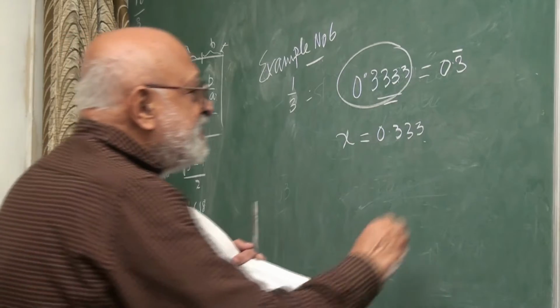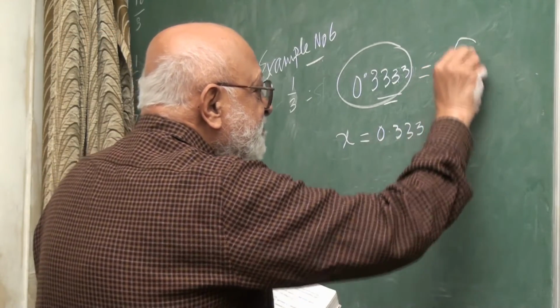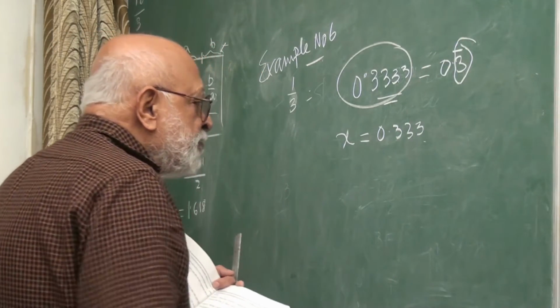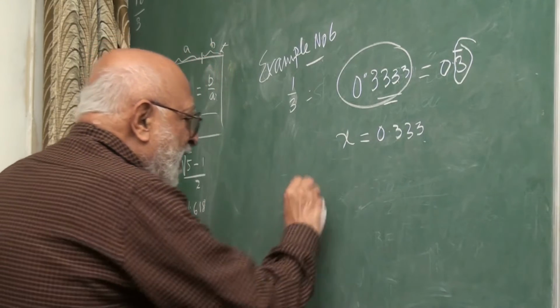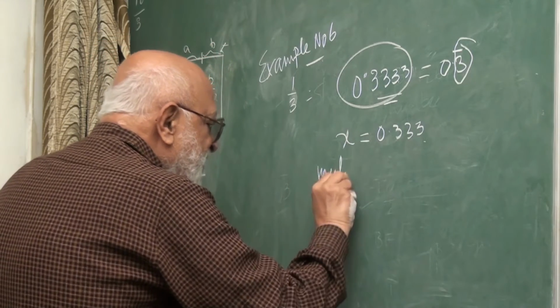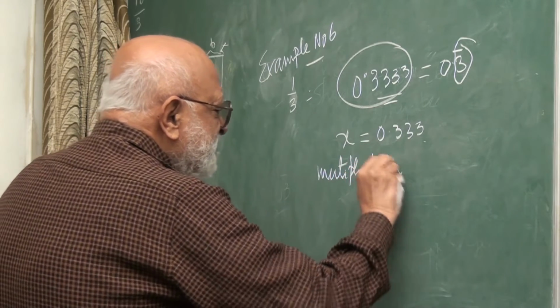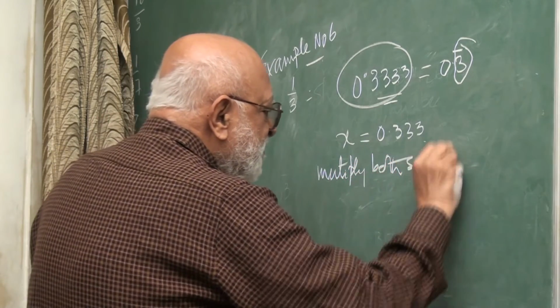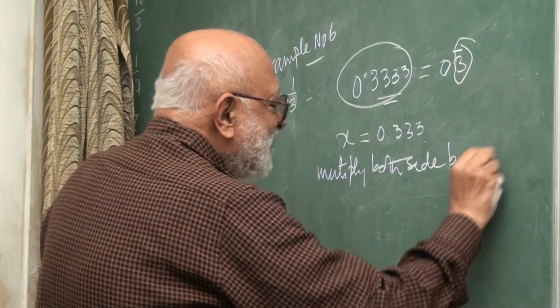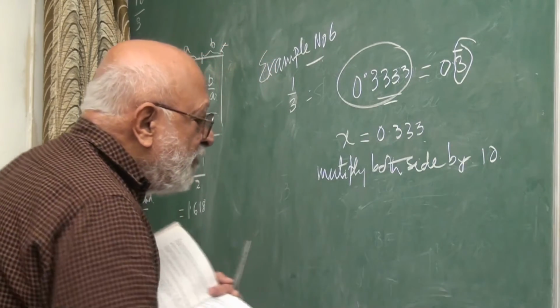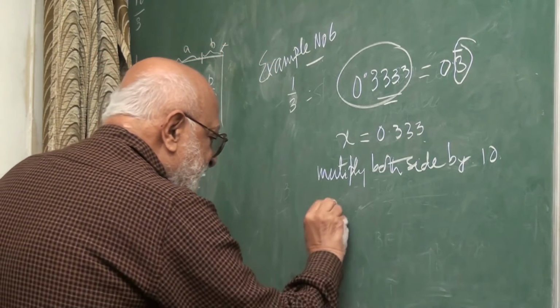Okay. Now since this 3 is recurring, what I do is I multiply both sides by 10. So what do I get? On the left hand side I get 10x.